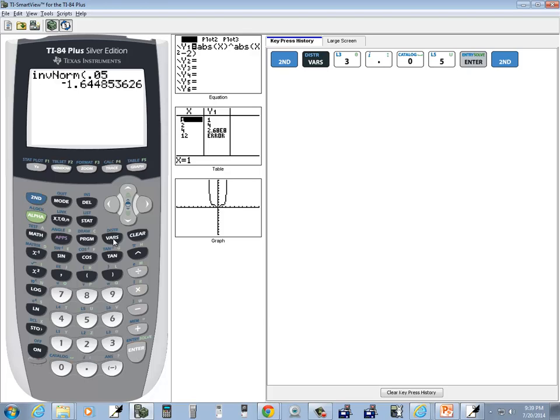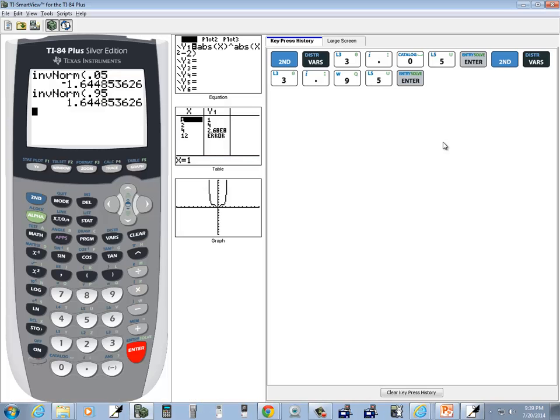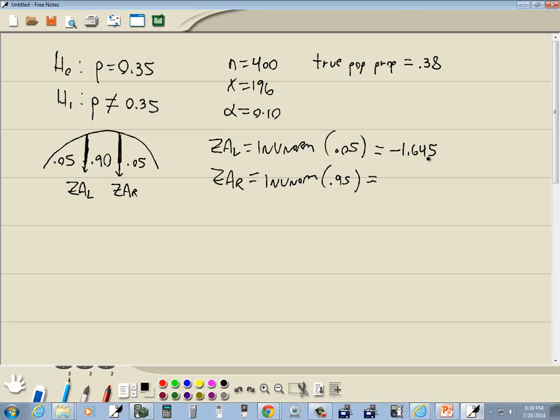And second vars, INV norm, 0.95. So this is negative 1.645, and this is positive 1.645. Okay, that was step 4.